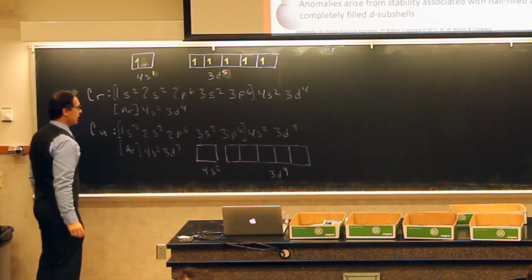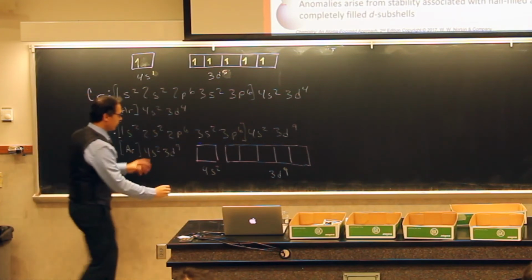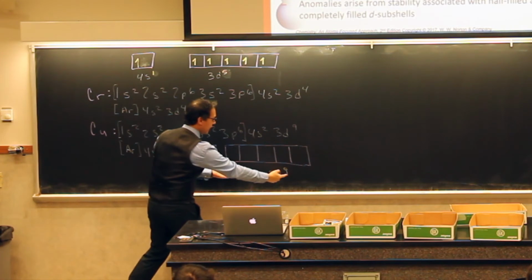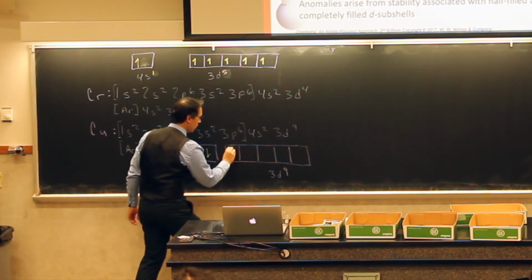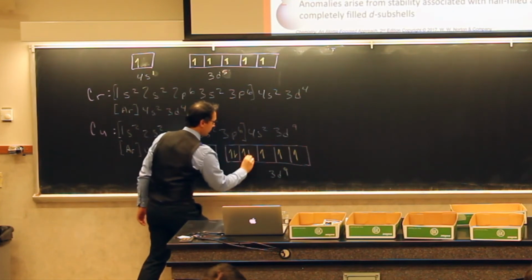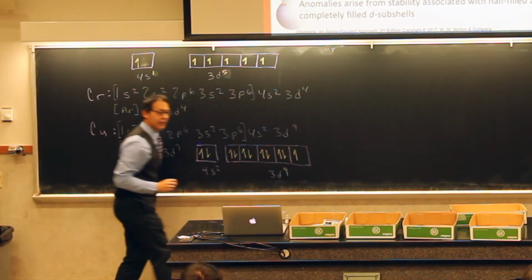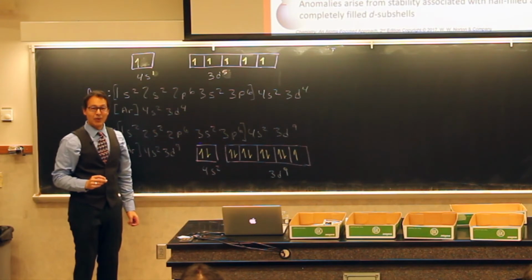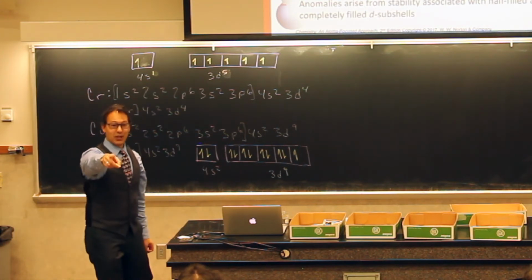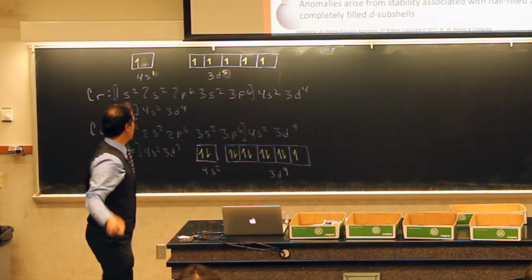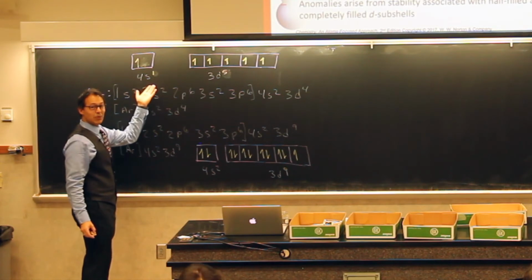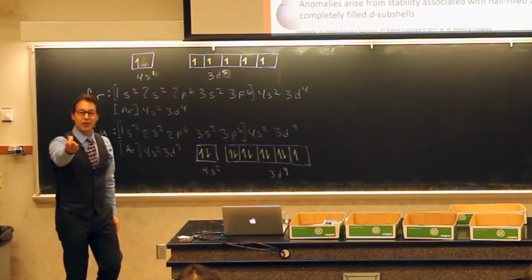Now, as we take a look at copper, copper would be like this, 2 in the s orbital, and then 9 here in the 3d. So 1, 2, 3, 4, 5, 6, 7, 8, 9. You see where I'm going with this? Based off of what you just saw happen with chromium to make it more stable, what do you think is going to happen with copper?